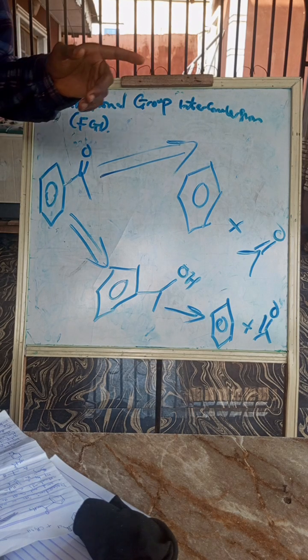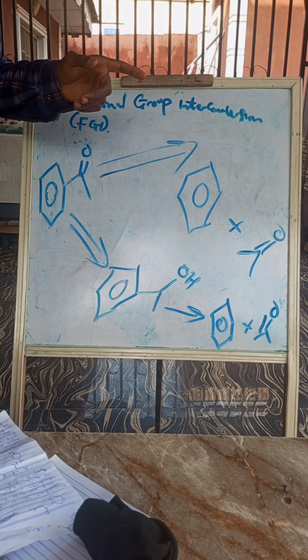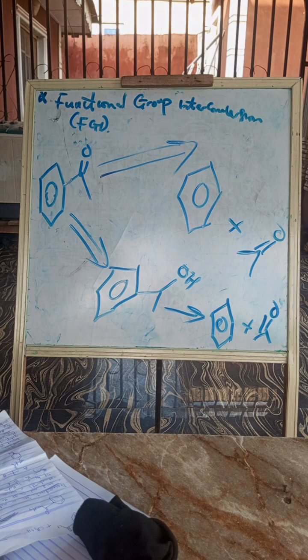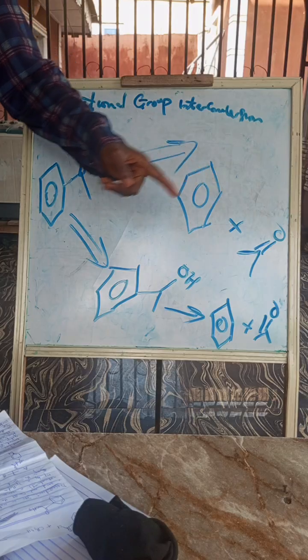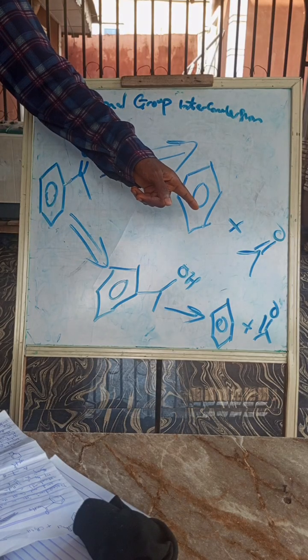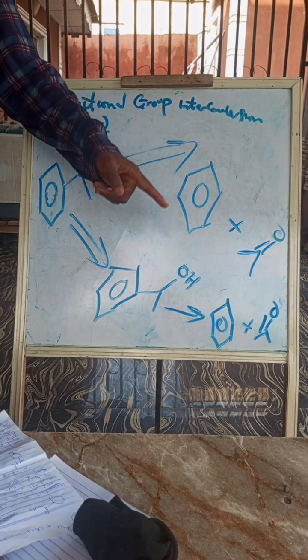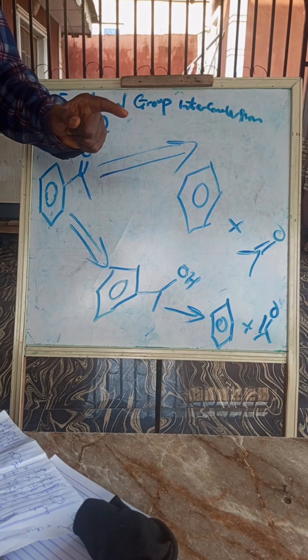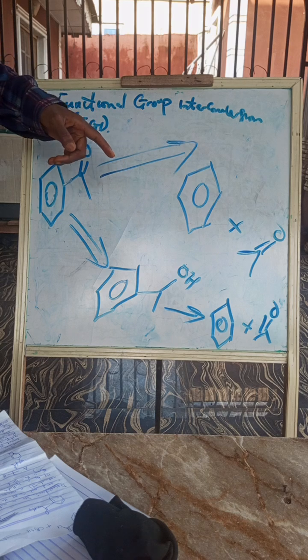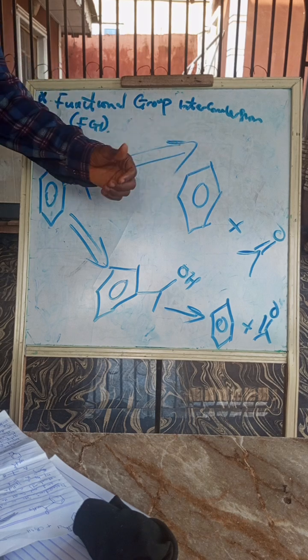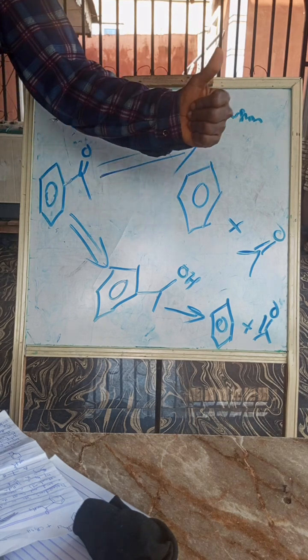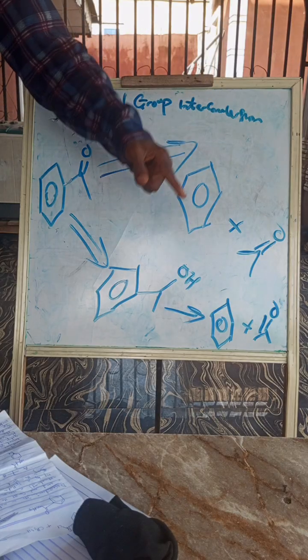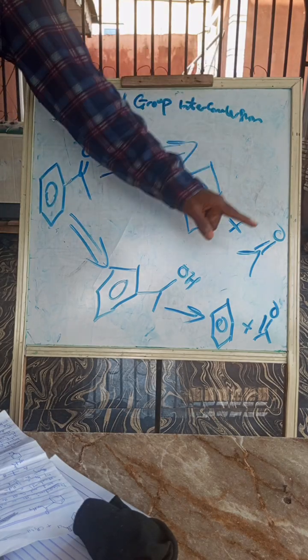So in the first instance, when we talk about functional group interconversion, FGI, look at this point, we don't just disconnect to give us the answer and our end product. No, there are some conditions where you don't just disconnect. In the place where disconnection is not working, you need to change the functional group before you can successfully disconnect.